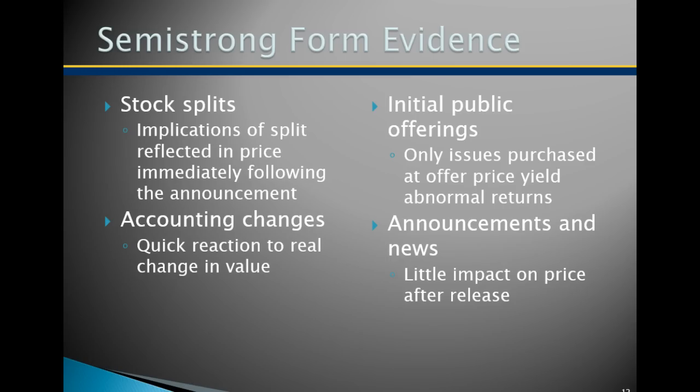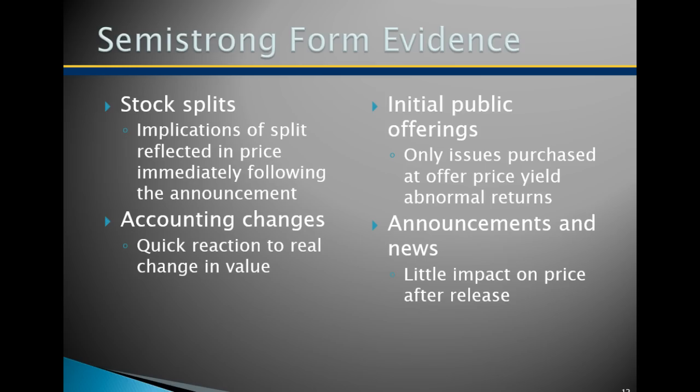Some things that we could look for where we would want to see no change is a stock split. If the semi-strong is true, a stock split should have no effect on the stock price. So the announcement should be made. At the time of the announcement, if there's an effect on the stock price, that actually is not fundamental or technical information.